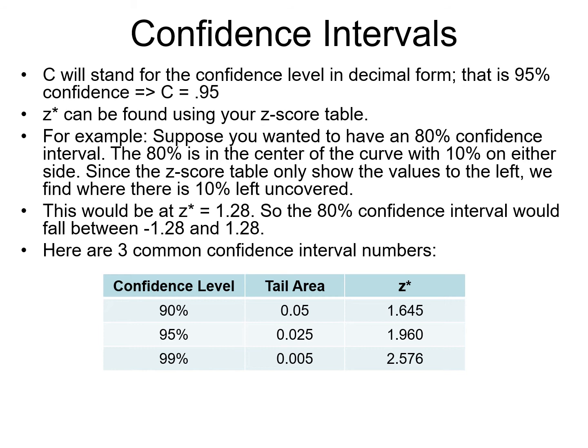A 99% confidence level, which means that there's 0.5% on each side, is 2.576. These ones are going to be used the most often, so I want to make sure that you have them available so you don't have to spend a lot of time looking at the chart. Now, if I give you something different than these three, you will have to consult the chart. So occasionally that's going to happen, so make sure you have your charts available.